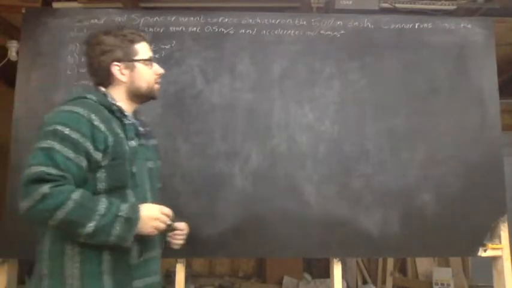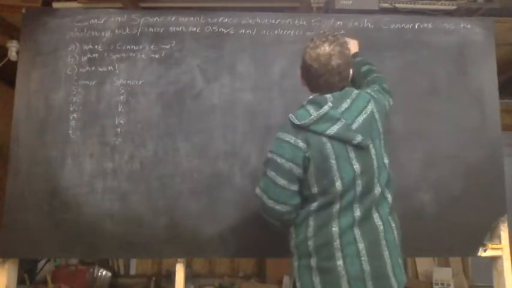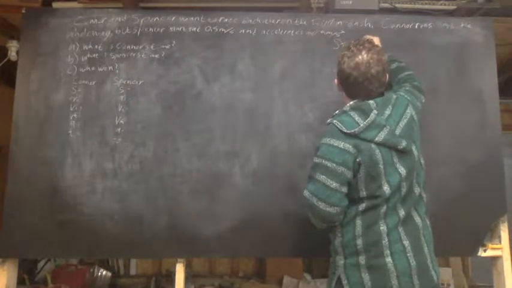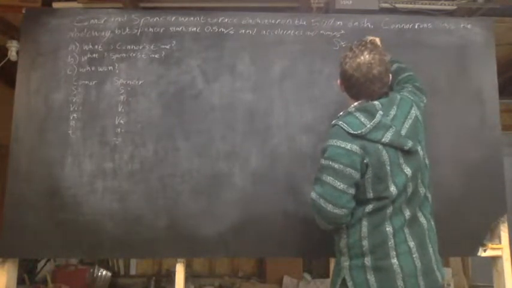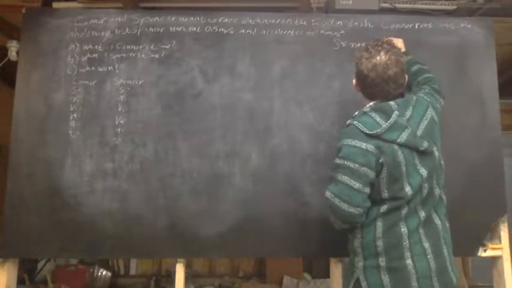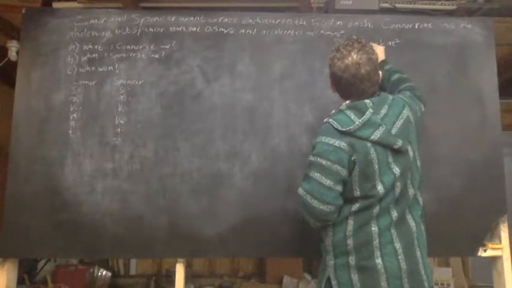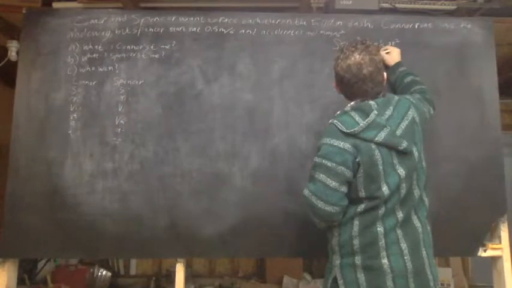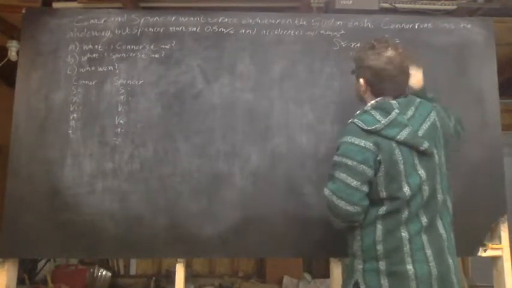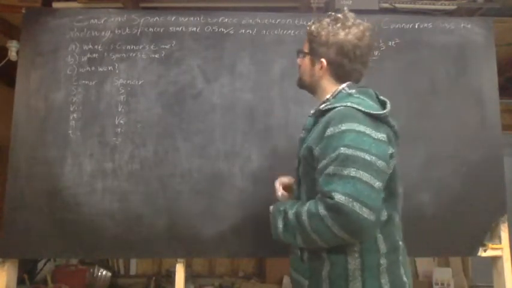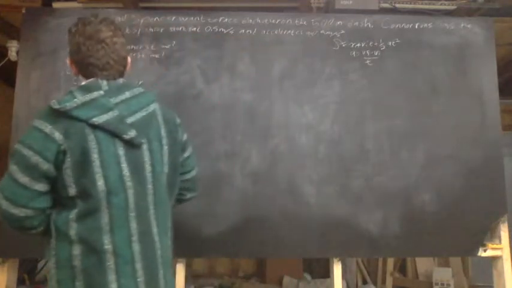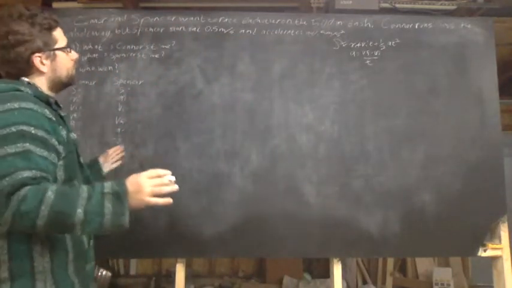All right, listing out our equations. S equals XI plus VIT plus 1/2 AT squared. And A is equal to VF minus VI over T. Now our first step here, get all of our information squared.